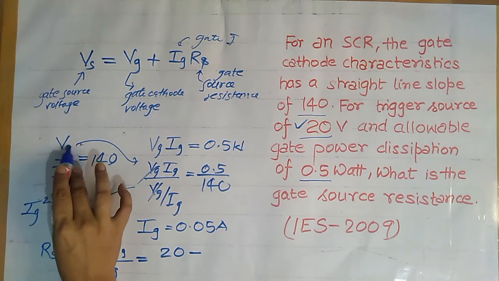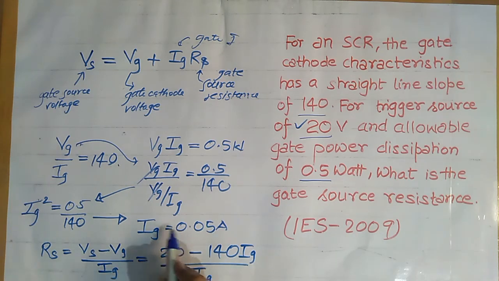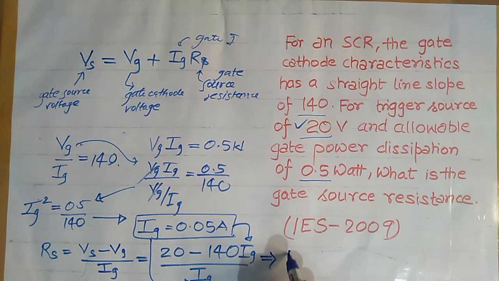From this, Vg is equal to 140 Ig. So 140 Ig upon Ig. And what is the value of Ig? That is equal to 0.05 ampere. So putting this value of Ig here and here, what we get? We get Rs is equal to 195 ohm. So this 195 ohm is the answer.